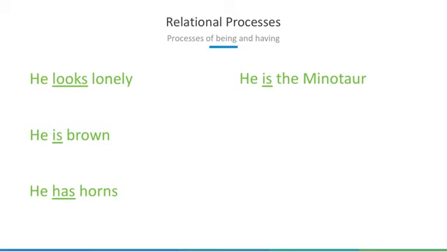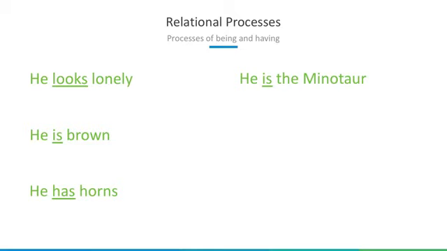Now, the most common relational processes are being and having. So, for example, he looks lonely. He is brown. In this sentence, is is relating the minotaur to brownness. He has horns.